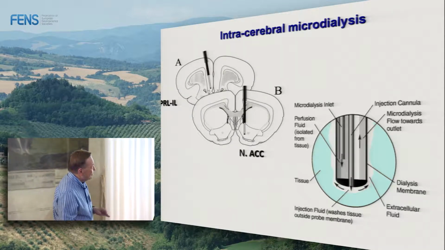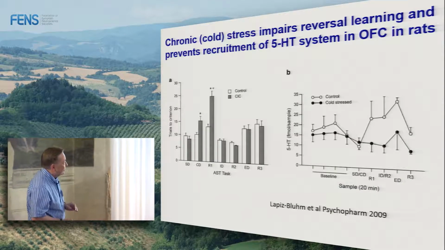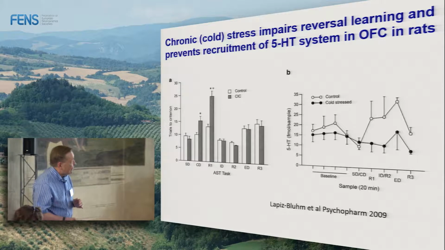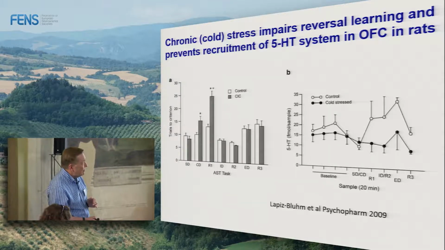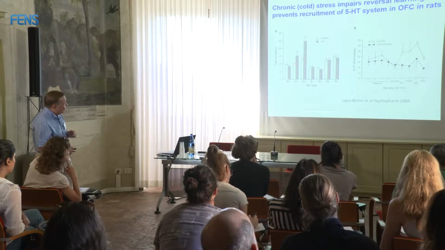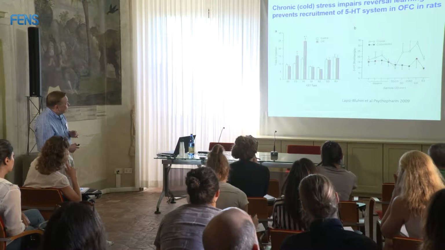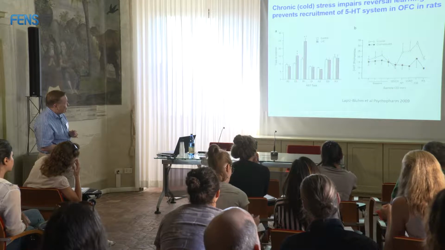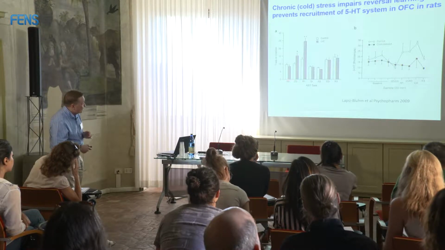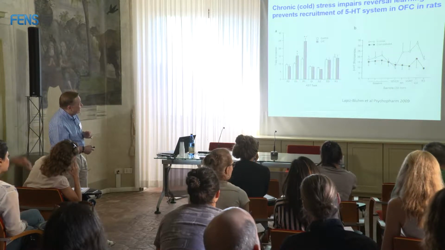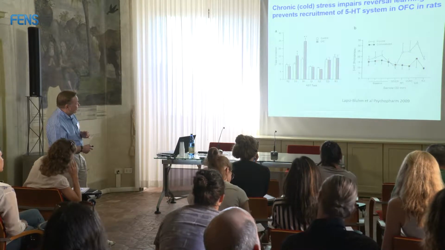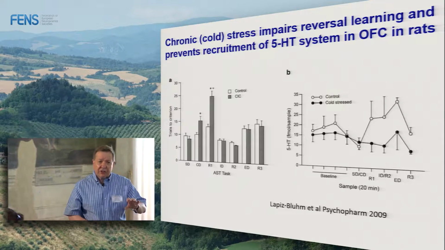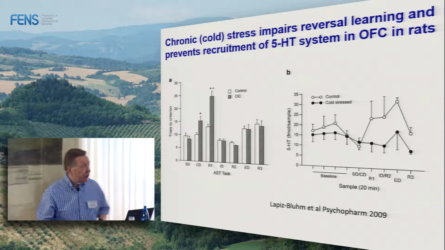Okay, so using this method for sampling transmitters, they actually measured serotonin. Now, serotonin, remember, was implicated in reversal learning, and as you can see here, animals who were exposed to chronic cold stress are very bad indeed at reversal learning. They're bad at some other features of the task, but this is the really key deficit. They take many more trials to reverse. So this is consistent with this idea about serotonin and reversal.